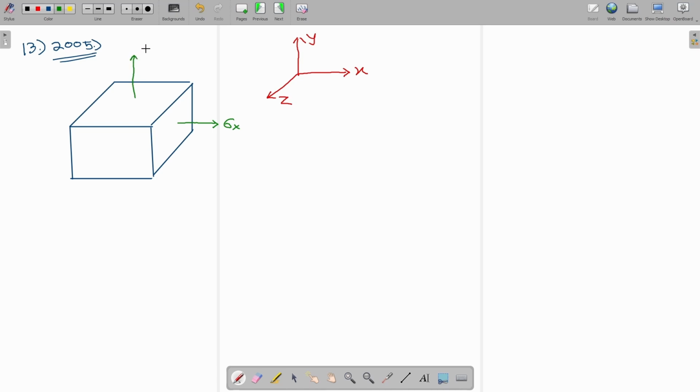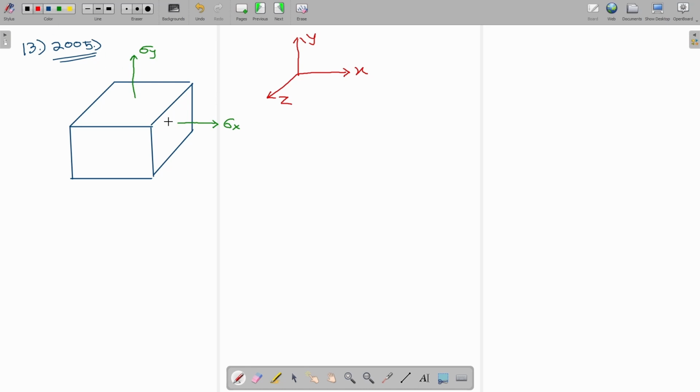Let us consider this direction, sigma y. And along this direction, a sigma z will be acting. But let us now consider this sigma y and sigma x.